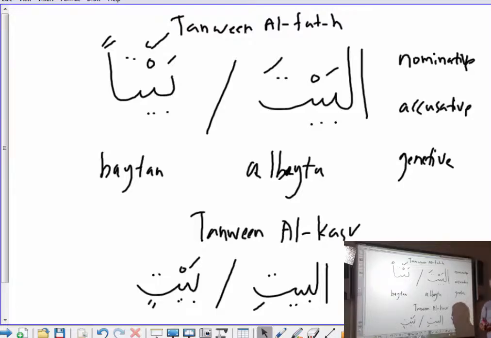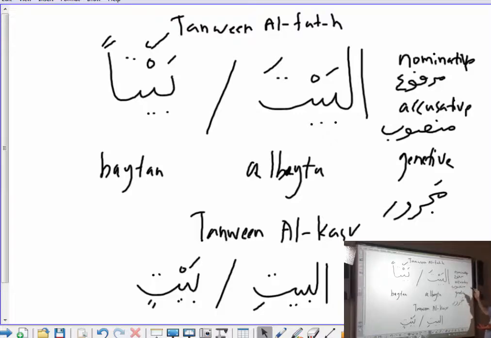Maybe in Latin or maybe in Russian, it means something. But in Arabic, nominative I would say marfu, accusative mansub, and genitive majroor. Marfu is with tanween al-dhamm, mansub is with tanween al-fatah, and genitive is majroor.